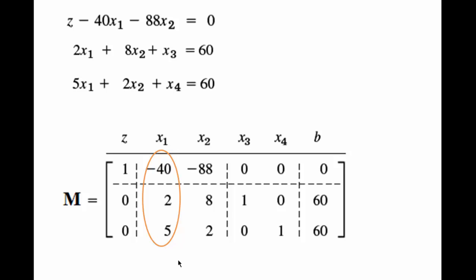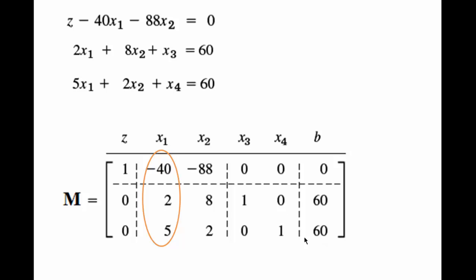Now we need to select a row that's going to decide what is the pivot element. We're going to divide each of these two elements by the corresponding number in the pivot column. So we're going to divide this 60 by 2, and we get 30.